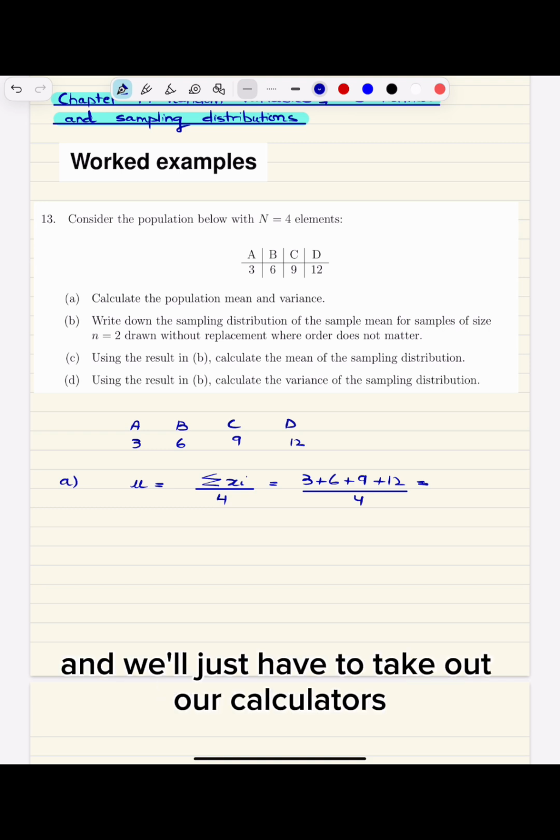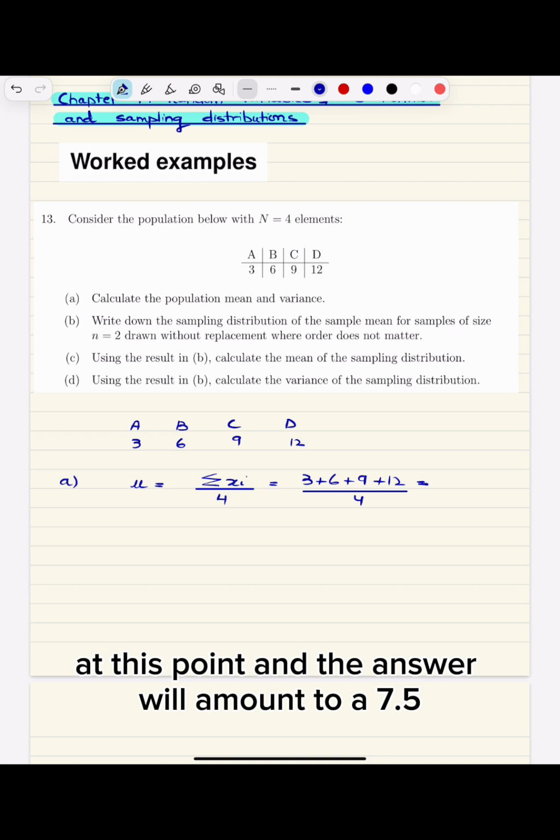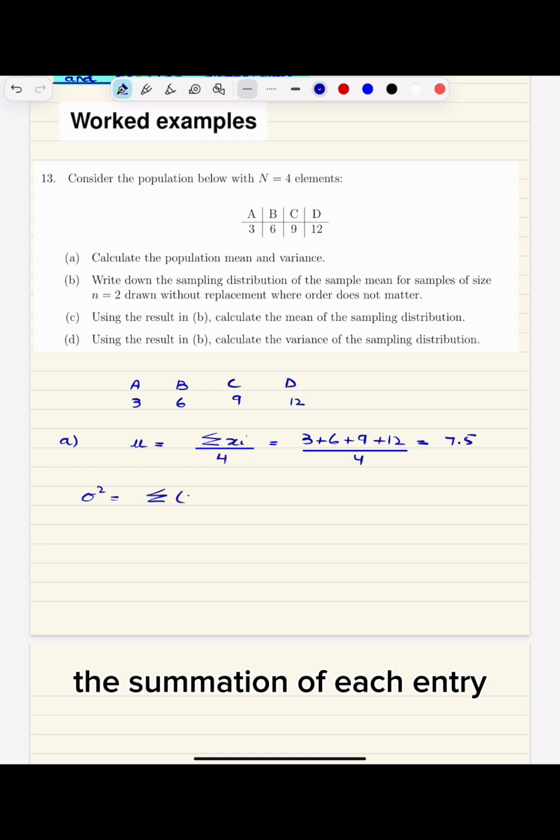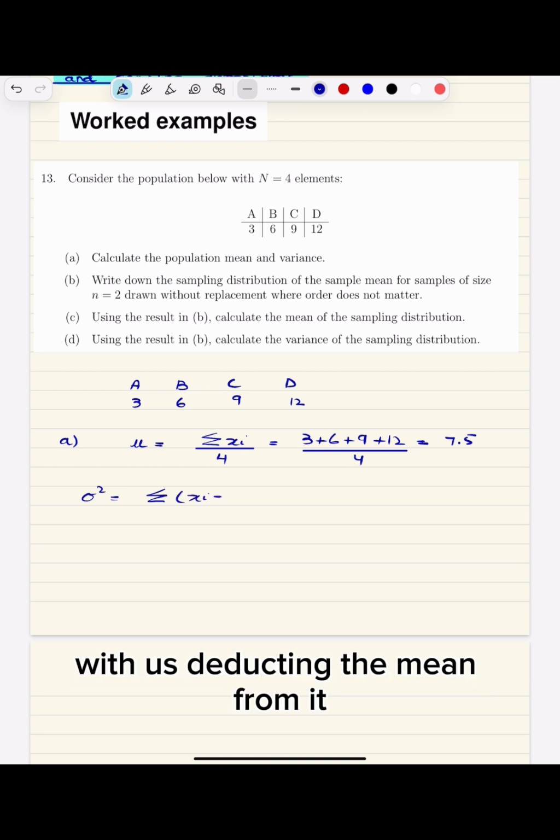We'll just have to take out our calculators at this point, and the answer will amount to 7.5.